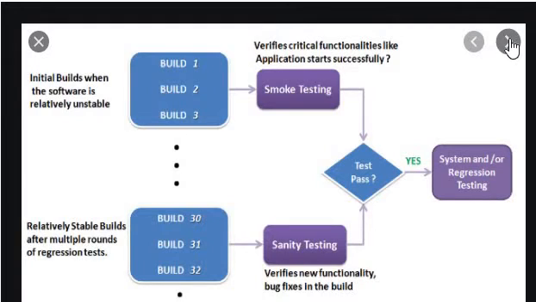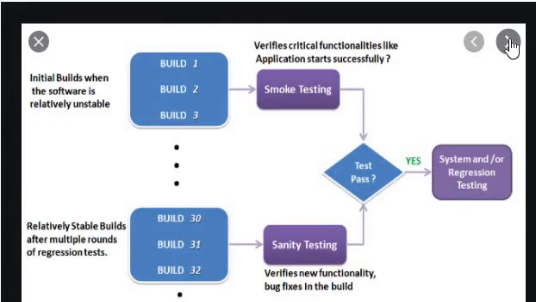The key difference is that smoke testing has a goal to verify stability, whereas sanity testing has a goal to verify rationality. Smoke testing is done by both developers and testers, whereas sanity testing is done only by testers. Smoke testing verifies the critical functionality of the system, whereas sanity testing verifies new functionality like bug fixes.